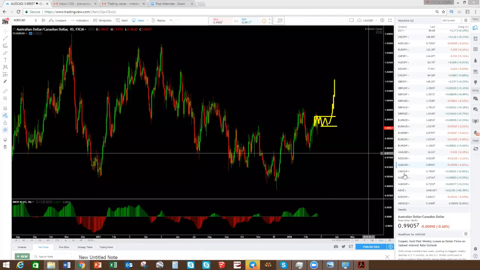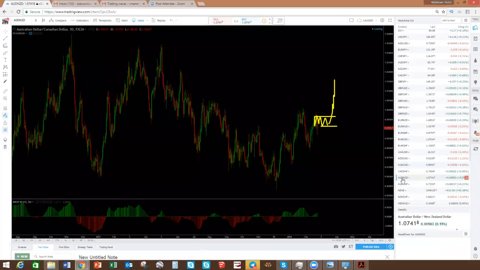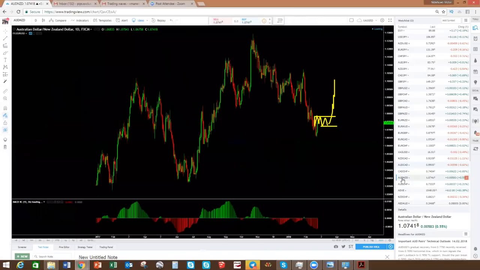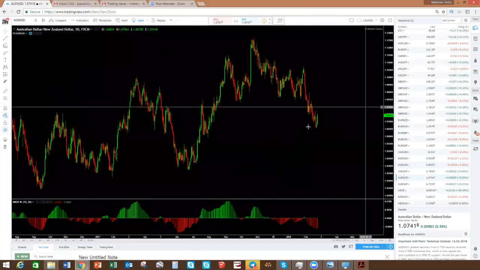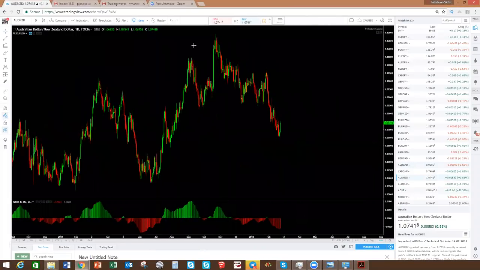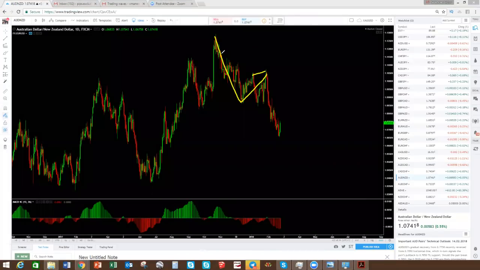Okay, so that's AUDCAD, CADCHF we've done, now Aussie New Zealand. If you just look at the last piece here on the daily, one clear regular flat there, 1, 2, 3. So now we're anticipating that we're either going to get a 3-wave pullback or a reversal there. Either way, whatever move you get here, you don't miss it.